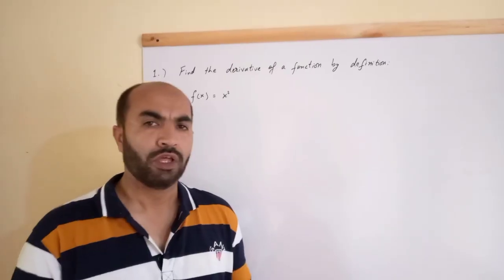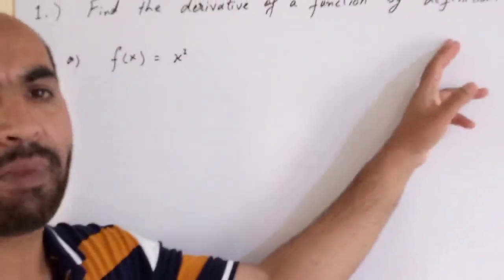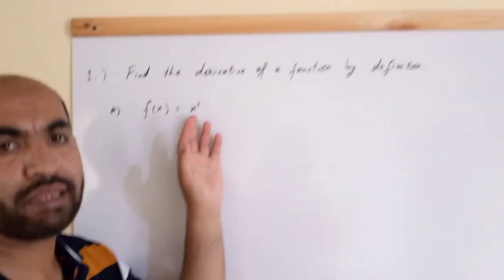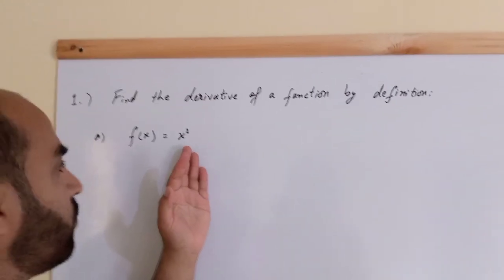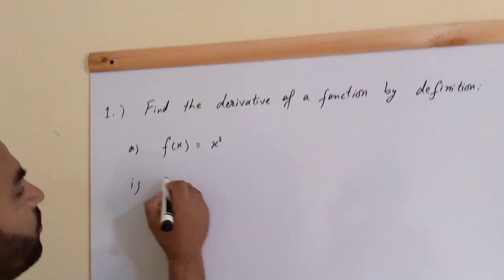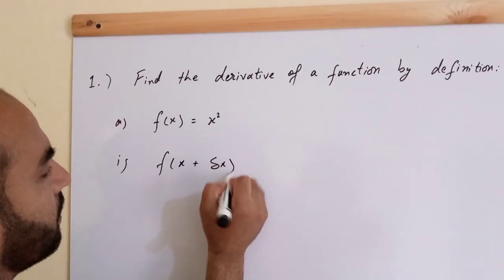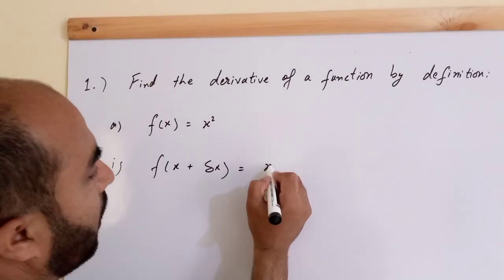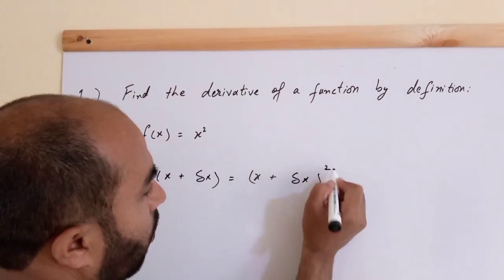Okay, so here we have a question: find the derivative of a function by definition. F of x equals x squared. This is our function, and we have to find its derivative with the help of the definition method. The first step is f of x plus delta x equals x plus delta x whole squared.